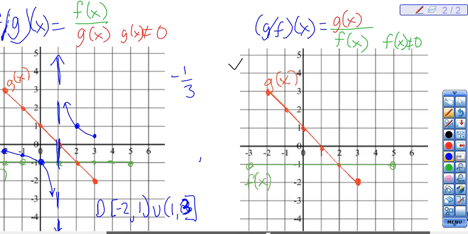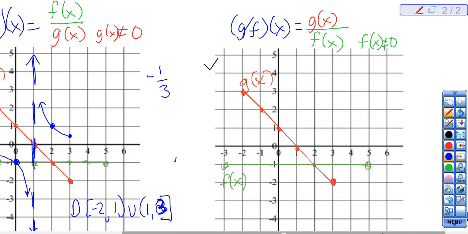All right, let's see what happens when we do this one. So this one we're doing red divided by green. Picking up my blue pen. Here we go. 3 divided by -1. -3. Yeah. Let's keep going. 2 divided by -1. Okay. 1 divided by -1. -1.